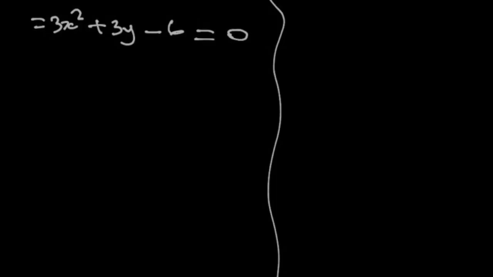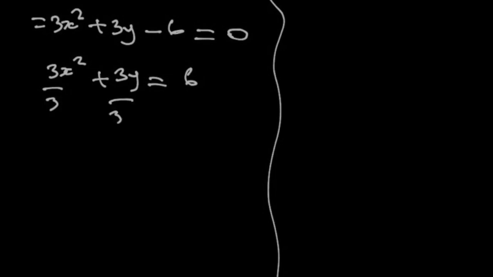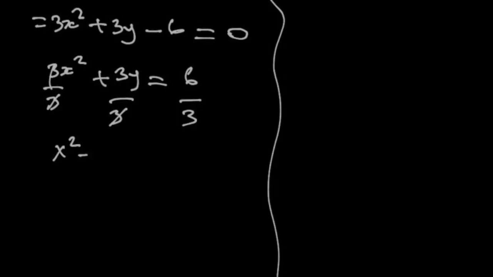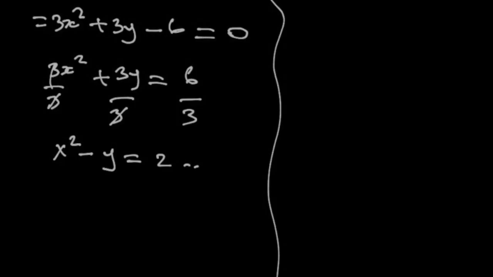So this is 3x squared plus 3y is equal to 6. Dividing both sides by 3, we have x squared plus y is equal to 2. Let's make this equation 1.